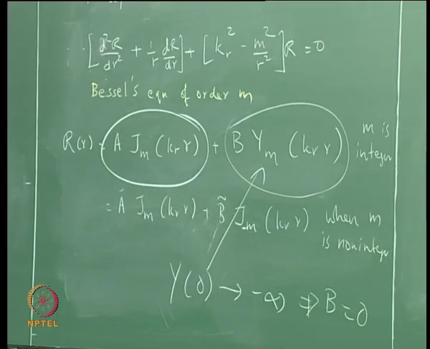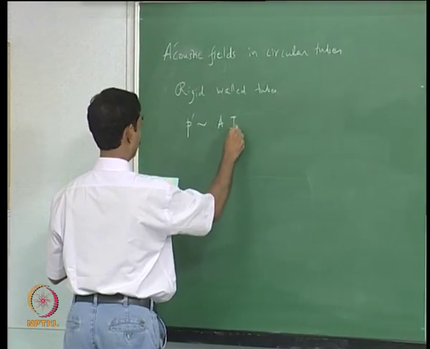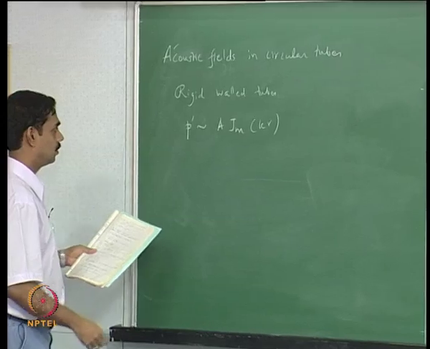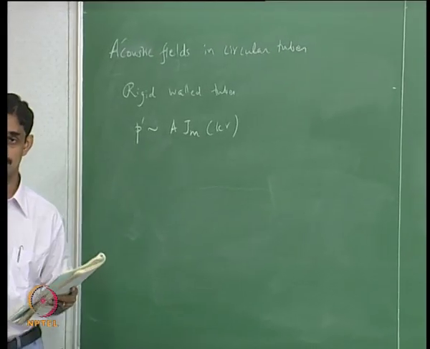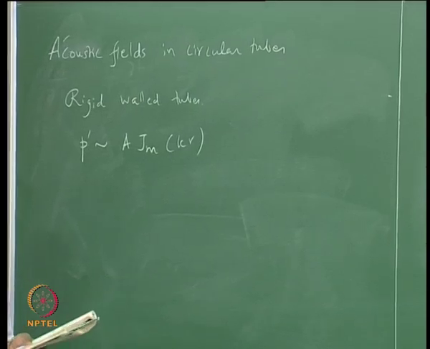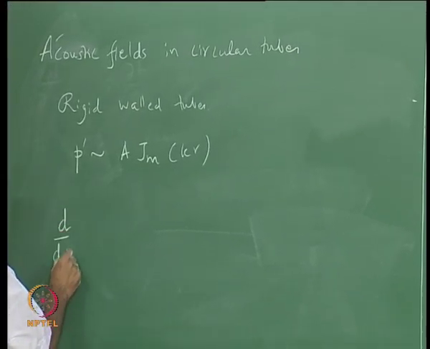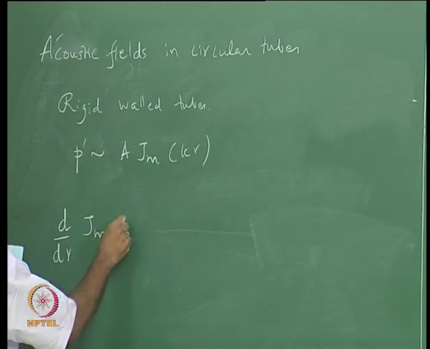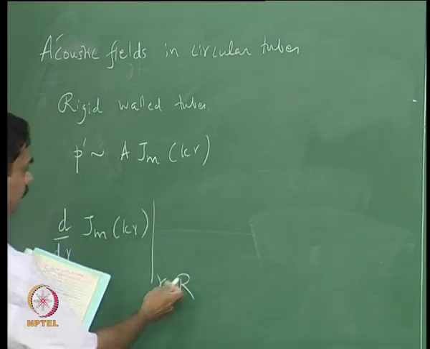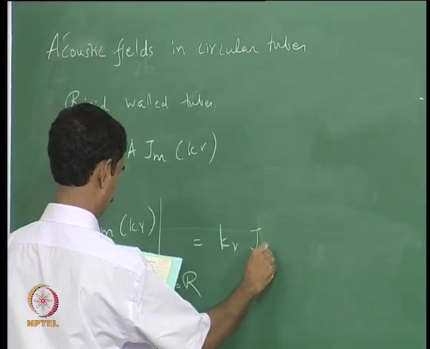So our P prime will go like J of kr, and so we need the velocity. Velocity is 0 if you have a rigid wall, so velocity will go like d by dr. So d by dr of Jm of kr at r equal to capital R, where the tube boundary is, equals 0.